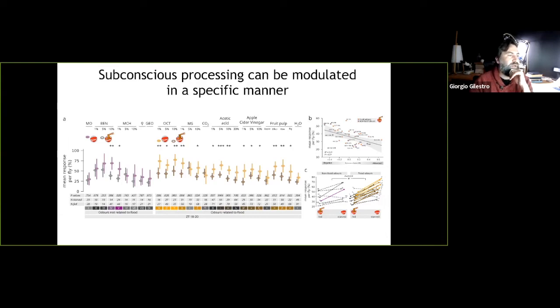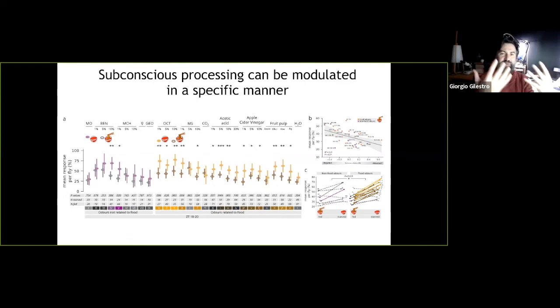And you see that most of the odors which are related to food confer in starved animals an increased response. So starved animals are more likely, as you see also in panel C, to recognize and wake up to odors if they are related to food. Starved animals will not recognize and react to odors which are not related to food.